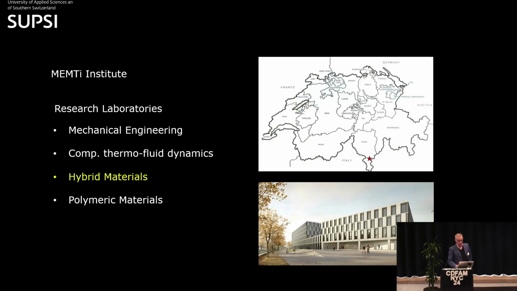First of all, we are in the very south of Switzerland, close to the Italian border, a few kilometers, in Lugano. It's a town in the south of Switzerland, and we have a new campus right now just in downtown Lugano. Within SUPSI there is the MEMT Institute, the Institute of Mechanics and Materials, and I am heading the Hybrid Materials Laboratory.